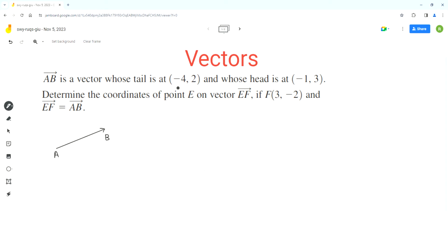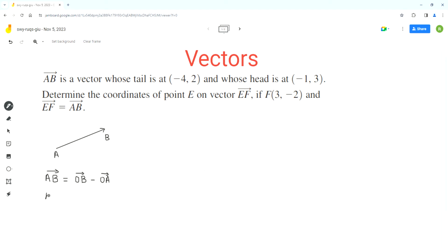Now we are given the coordinates of points A and B. So the first step is to find this vector AB from these given points by breaking up this vector AB into the position vectors. So vector AB can also be written as vector OB, where O is the origin. So OB represents the position vector of point B minus the position vector of point A. The position vector of a point is basically the coordinates of the point.